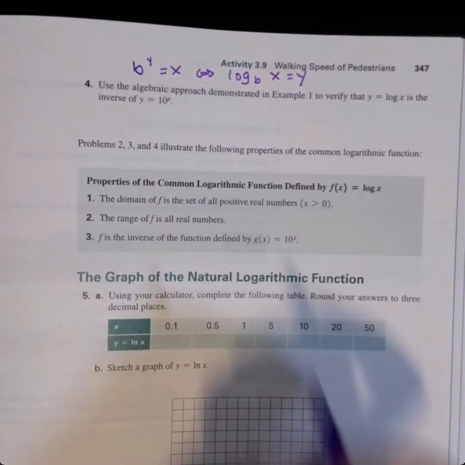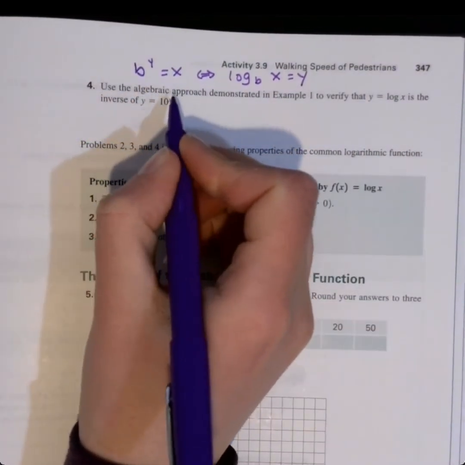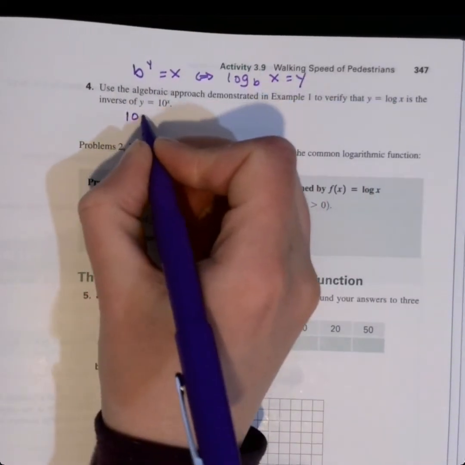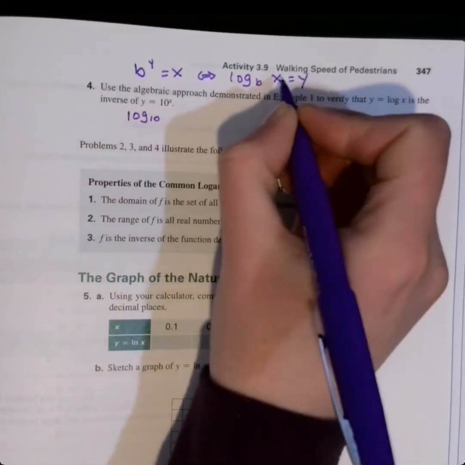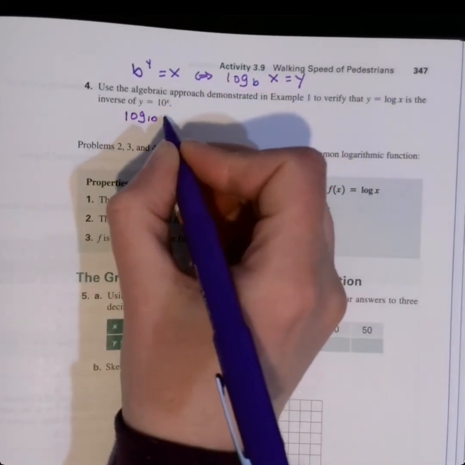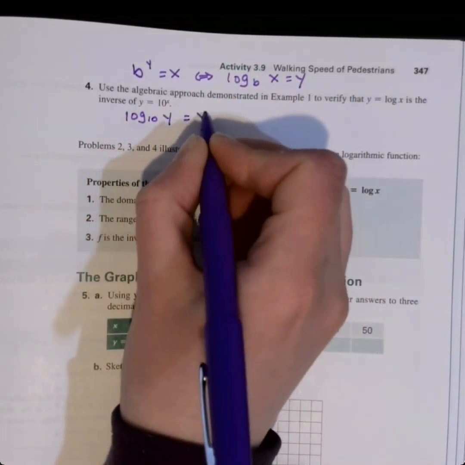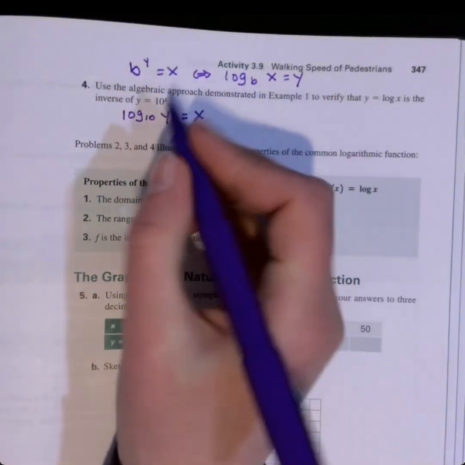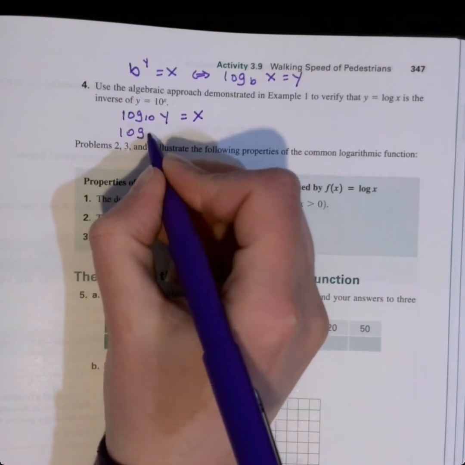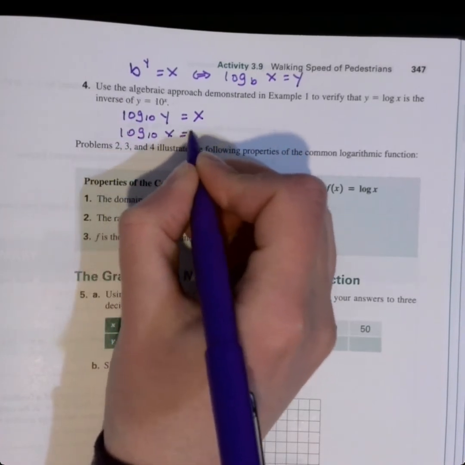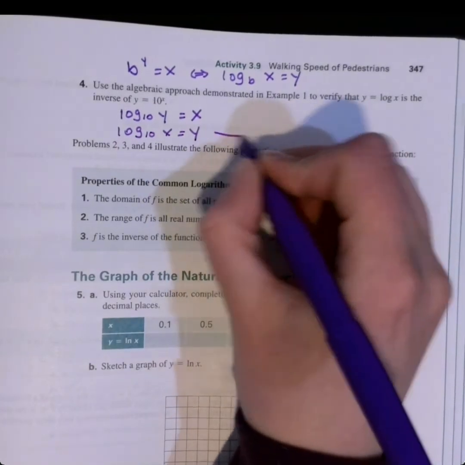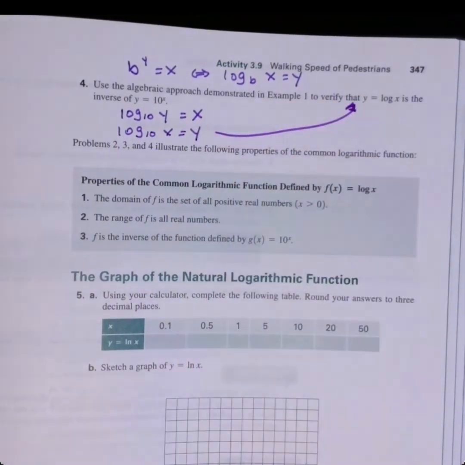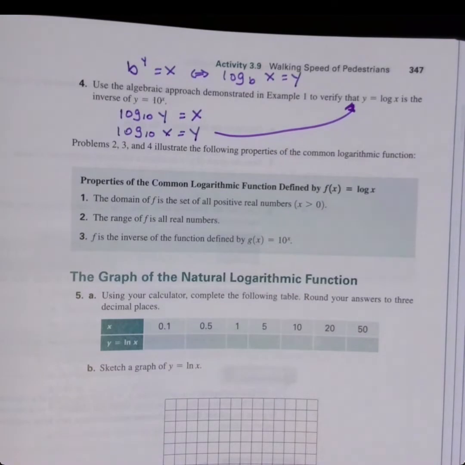So if I use that property on this function right here, I'm going to switch this into the log base 10 of y equals x, right? And then interchange the two variables. This makes this log base 10 of x equals y, and that is back to the same thing as our other function. So algebraically, via that property, demonstrates that the two functions are inverses.